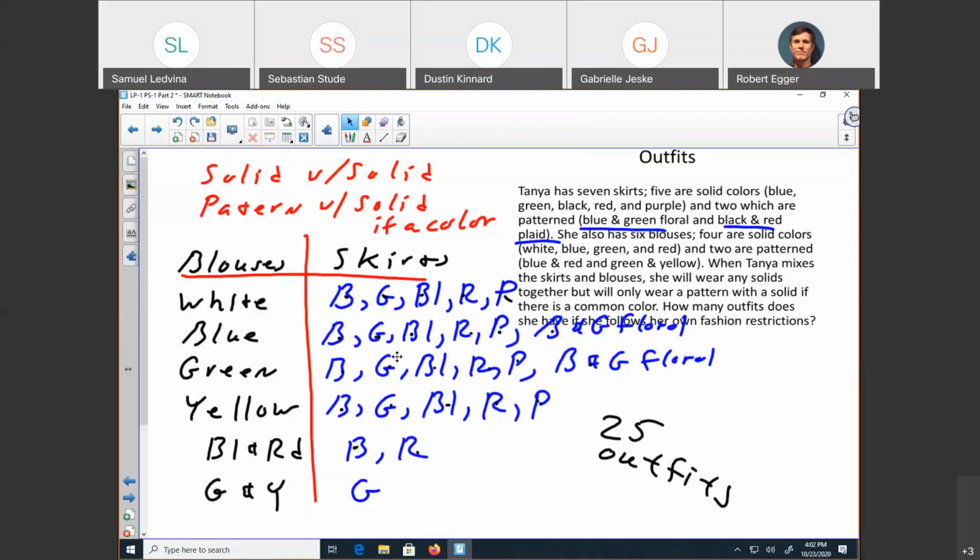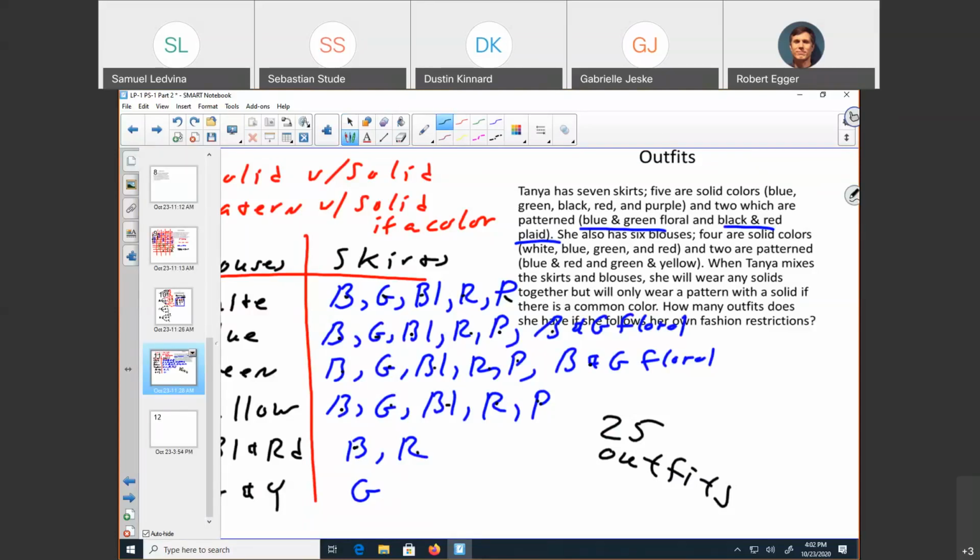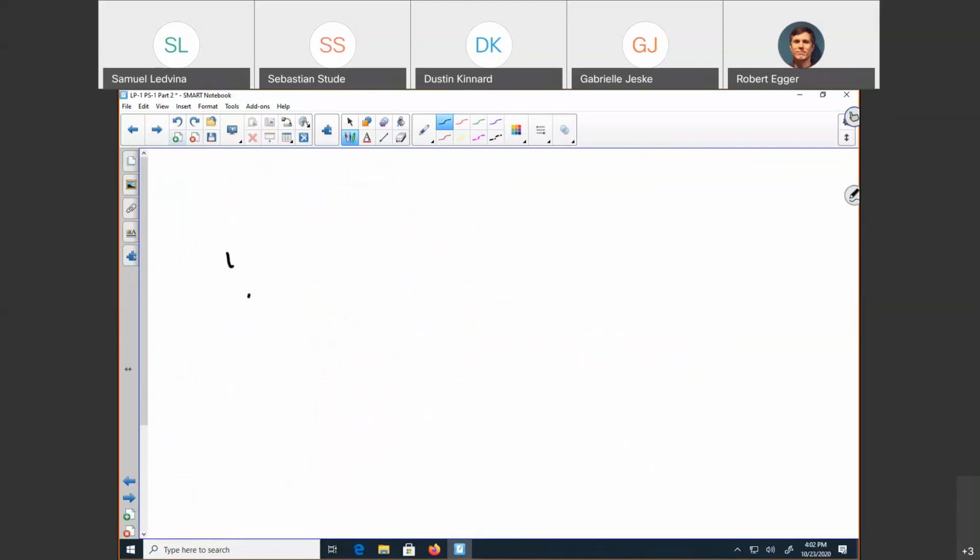So I think this qualifies as a list. You also could have done a tree diagram with this one, where you have branches: white blouse, and then the different skirts, and so forth.